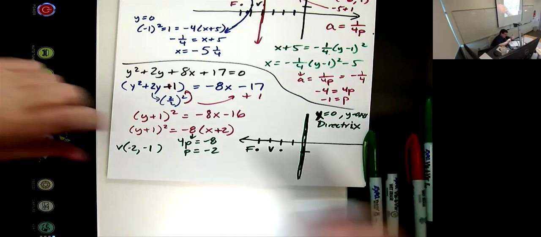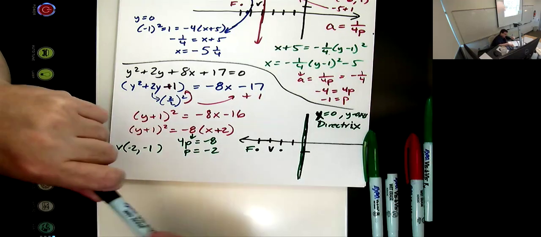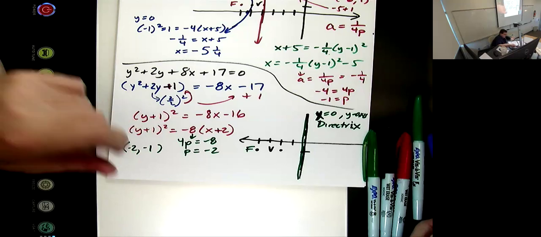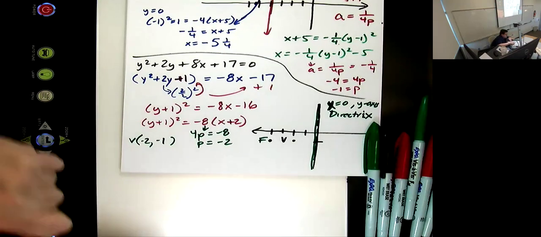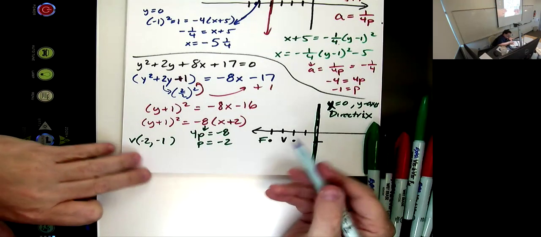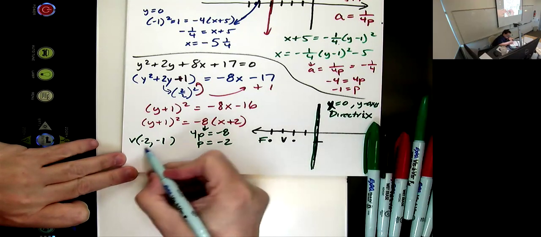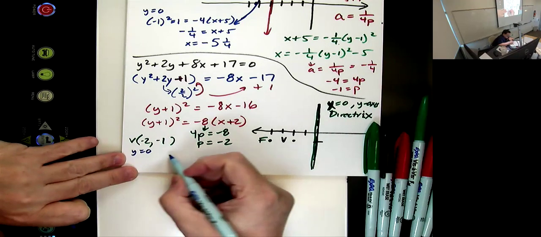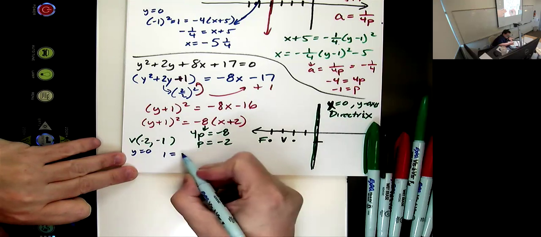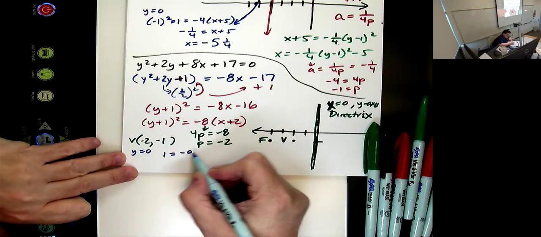That -8 really makes it ugly. So I'm gonna use x-intercept and symmetry to find another point. We'll do y equals 0. So I get 1 equals -8x minus 16.